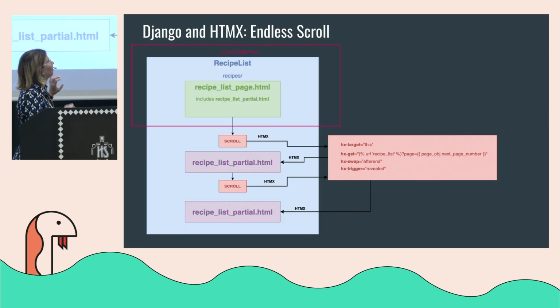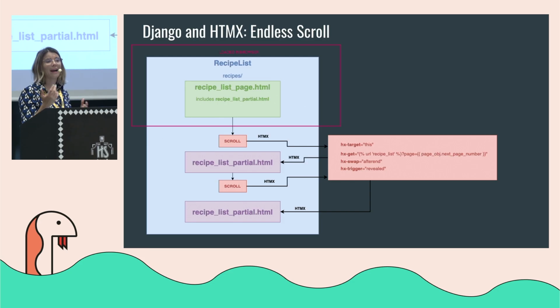Again, I love those graphics. I think they're very good at explaining what's happening. What's interesting here is we only need a single view. We also only need 2 templates, both of which are used once, the first time the browser loads it. So the user gets the whole page. They scroll down.